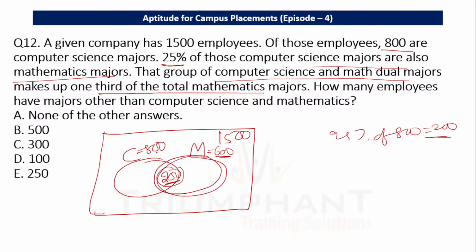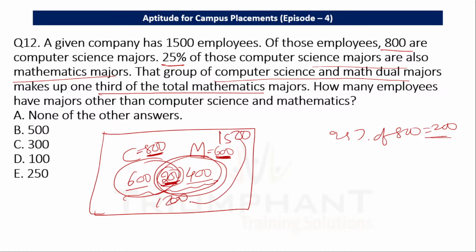Yes. So now out of 800 computer science, 200 have both. So only computer science is 600. Out of 600 mathematics, 200 have computer science also, both, then only mathematics is 400. So only computer science, only mathematics, both is 1200.